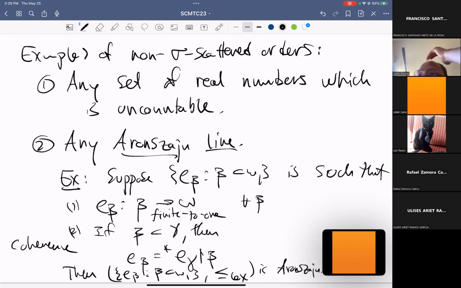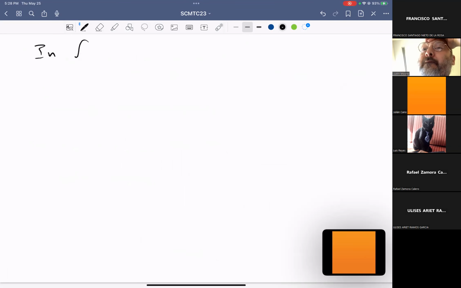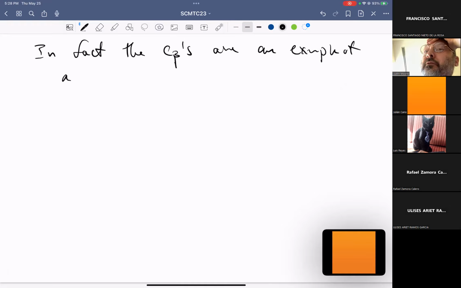In fact, this collection has a stronger property. They are an example of a Countryman line.